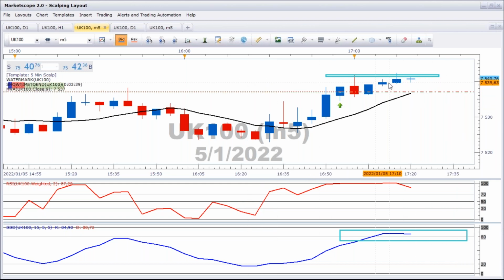Just these last three candles, really, there's no real bodies there. That one's a really short candle. This one's so very short. So the bullish enthusiasm seems to have disappeared.